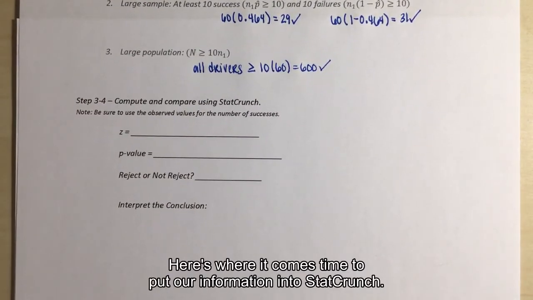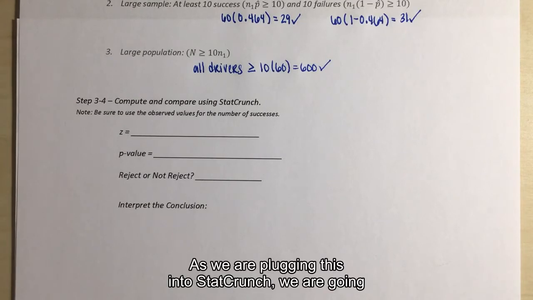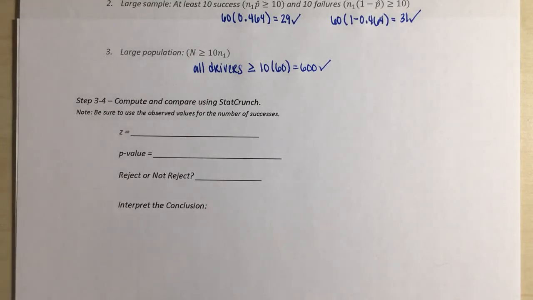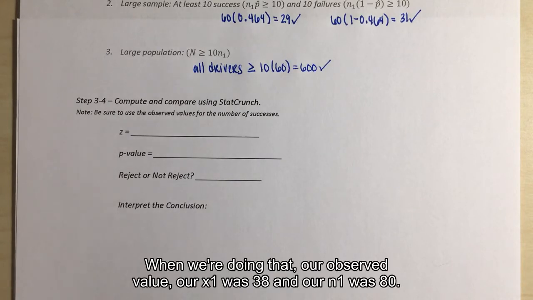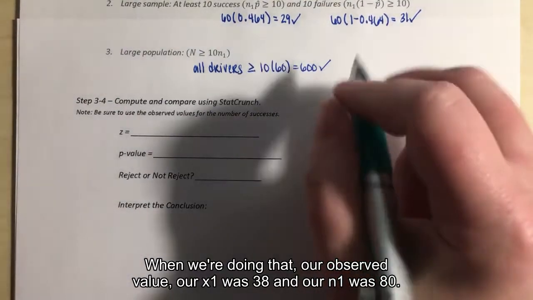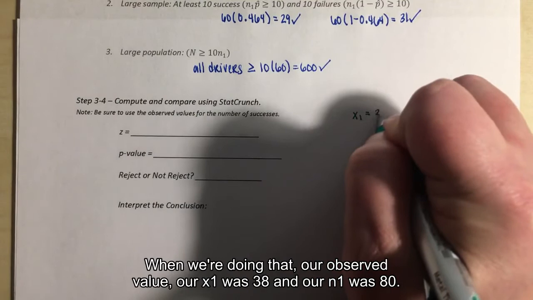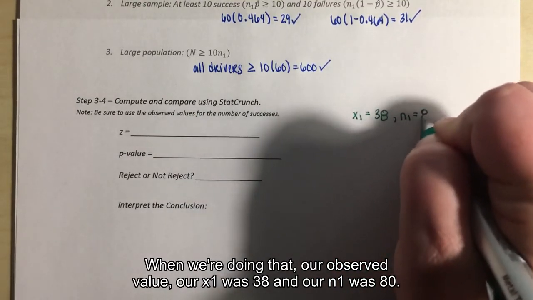All right, so now here's where it comes time to put our information into StatCrunch. As we are plugging this into StatCrunch, we are going to go back to our original information that was given in our problem. We want to be sure to use the observed values for our number of successes. So our observed value, our X1, was 38 and our N1 was 80.